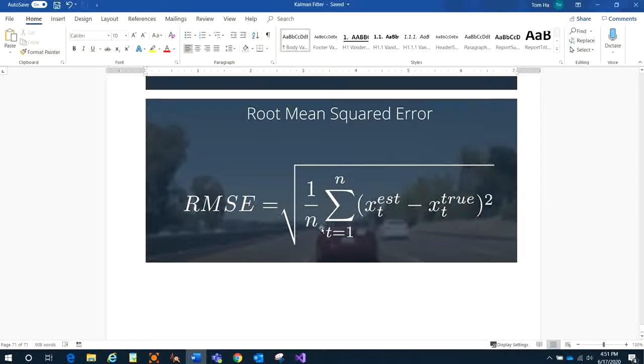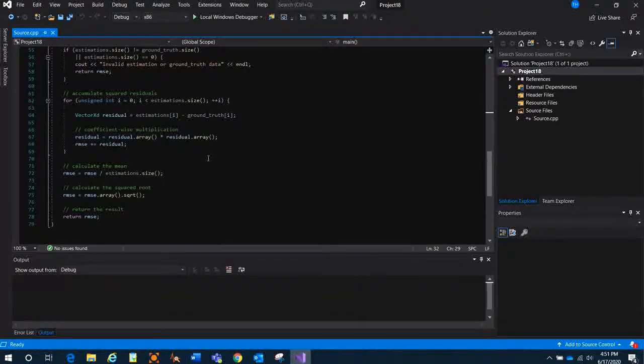The smaller the error value, the higher the accuracy of our method. So you see, we calculate the residual between the estimation and the ground truth. After that, we square it, take the mean, and then the square root, and it returns the value.